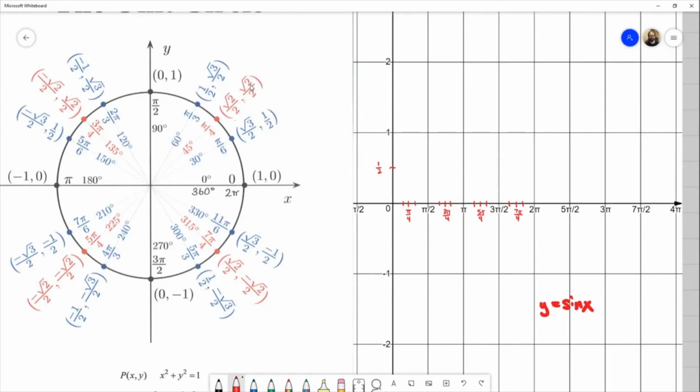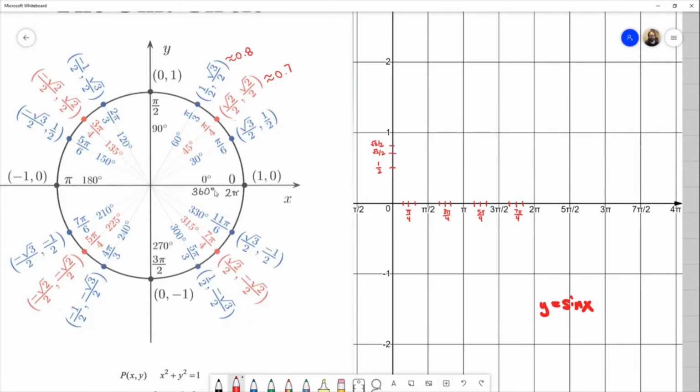And then root 2 over 2, which is approximately 0.7, and root 3 over 2, which is approximately 0.8. So we can get those marked. We've got 0.5. I think 0.7 would be about right here, so we'll call that root 2 over 2, and then 0.8 would be right there, root 3 over 2.